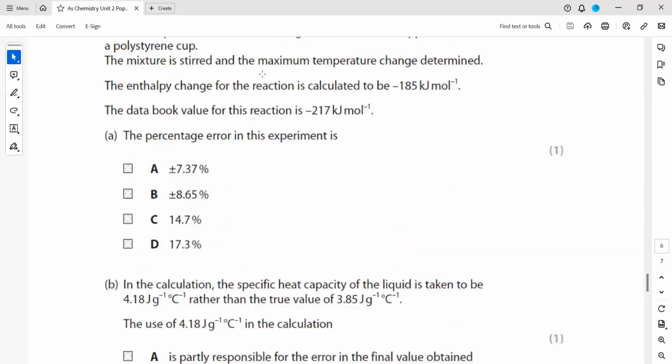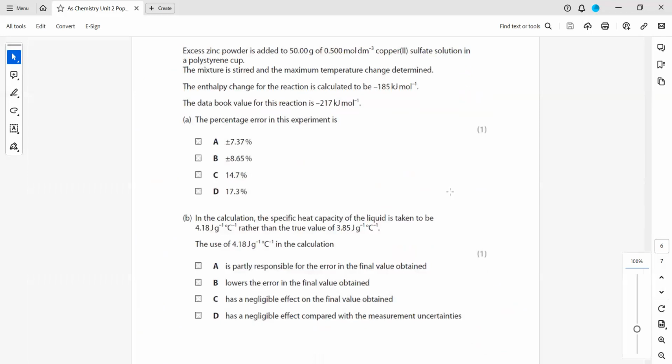How is the enthalpy change calculated? The enthalpy change of this reaction is energy divided by moles, okay? And energy is given by the formula c m delta T, divided by moles.